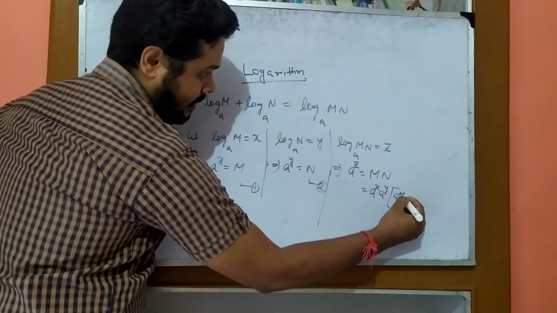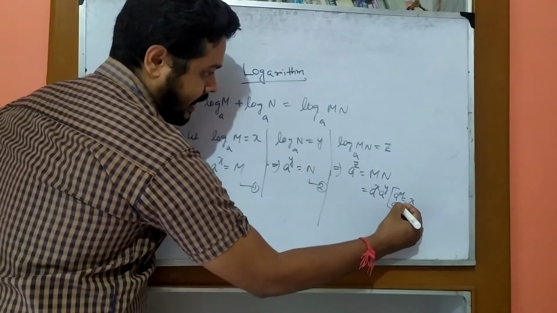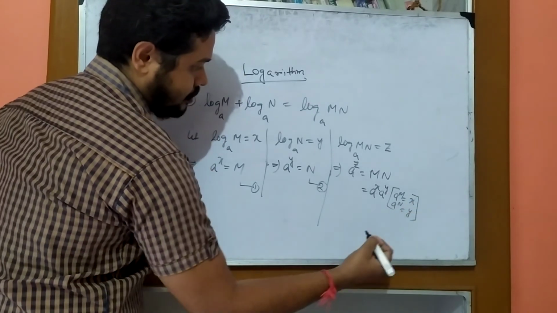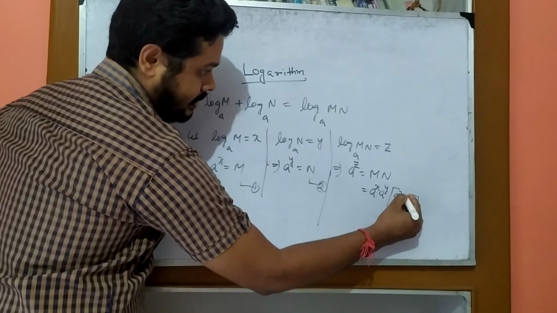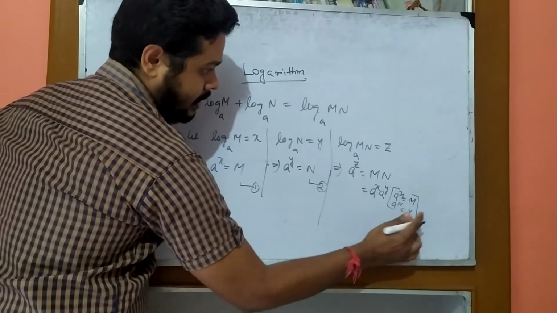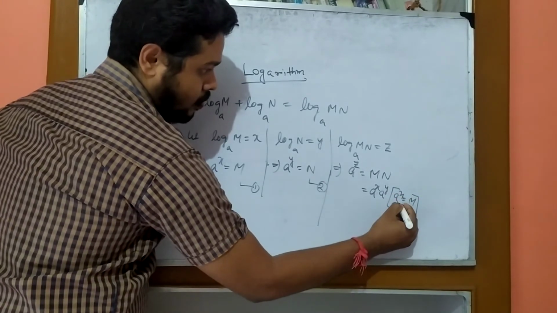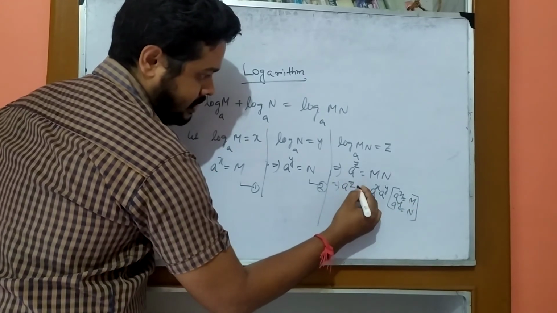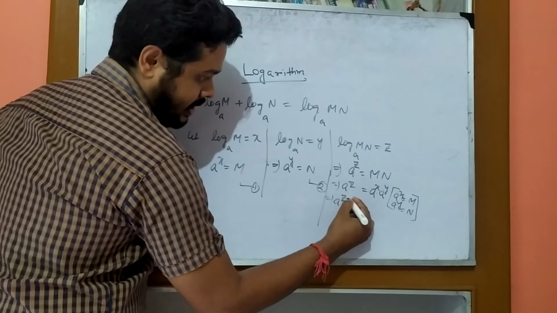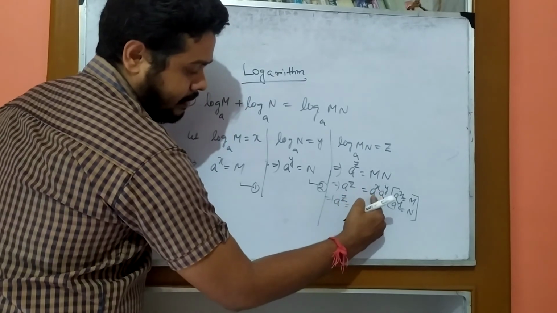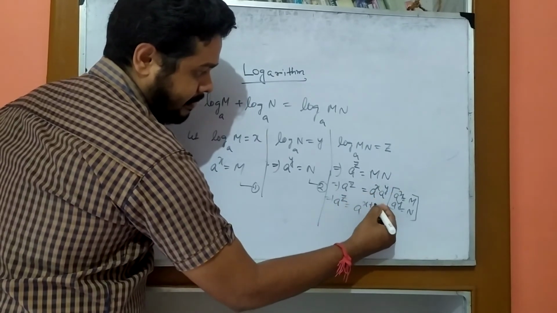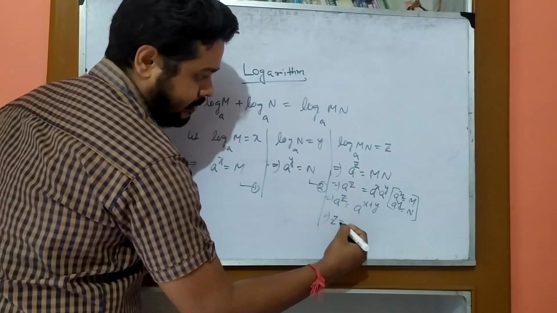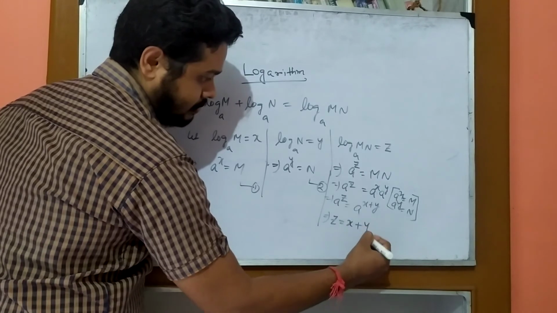Very sorry: a to the power x equals m and a to the power y equals n. So we can write a to the power z equals a to the power x times a to the power y. The bases are the same, so we can add the exponents. So we can write z equals x plus y.